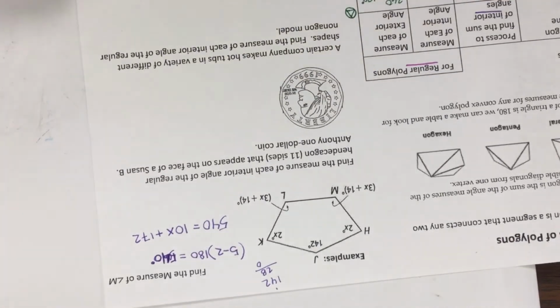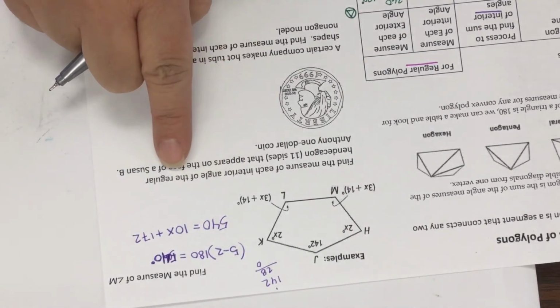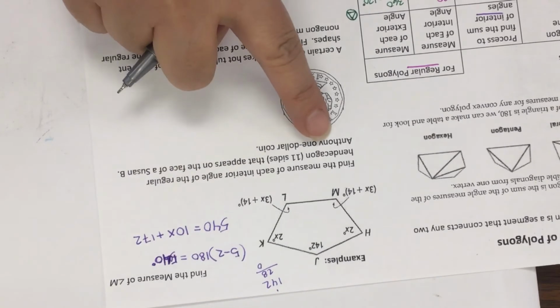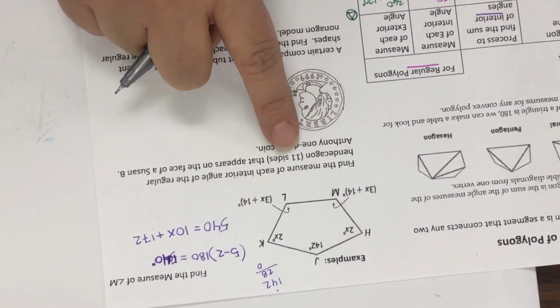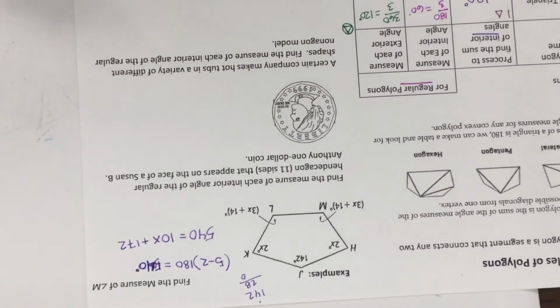All right, the next one here we're looking for the measure of each interior angle. It's a regular 11-gon, and this is on our $1 coin, our Susan B. Anthony $1 coin.